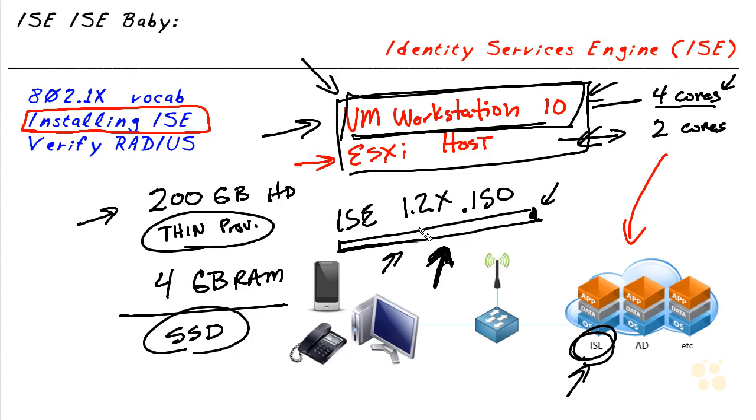However, if you're an individual or a customer who has not purchased ISE and are not currently using it, if you contact your Cisco reseller, they should be able to get you access to the ISO for evaluation purposes.